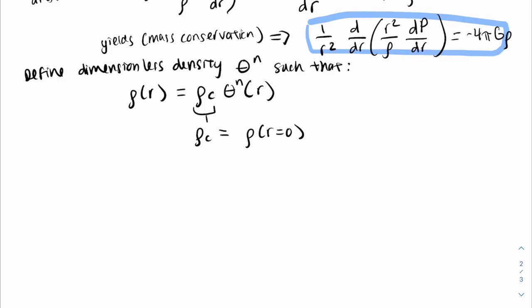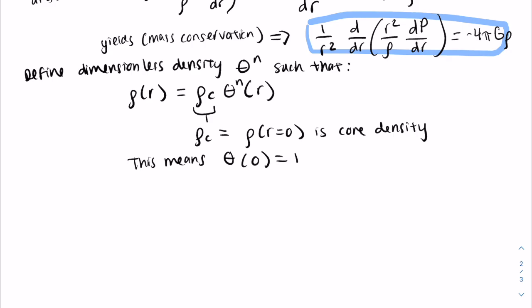The density at some radius is going to be the center density. So rho c here is going to be the density at the core of our star at a radius of 0, times this dimensionless density to the n, where n is our polytropic index.